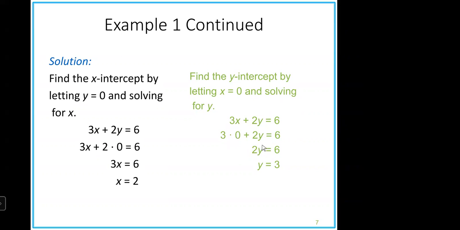You end up with 2y equals 6. If 2y is equal to 6, then y must be equal to 3. So the y-intercept is 3. Basically, the line is going to pass through the x-axis at 2 and the y-axis at 3.